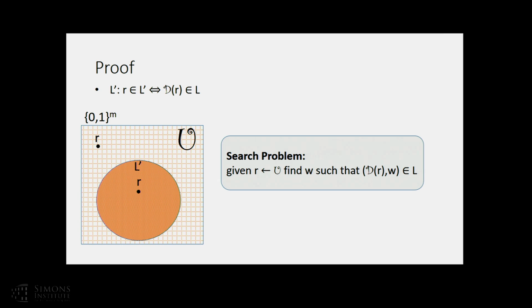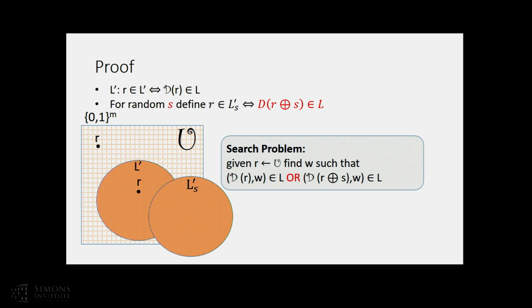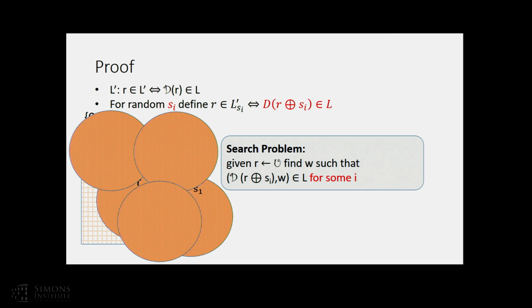And I say, okay, you're given R, find the W such that D of R and W are in this language L. Okay, and once I have this uniform distribution, then I can apply the trick from before and take this random shift S. And now this is distributed according to D, and now this is a random seed, and this is also distributed according to D, and I have the distributions that I want. And okay, if you did it once, then you can do it again, and you can do it again, until you cover the whole domain.